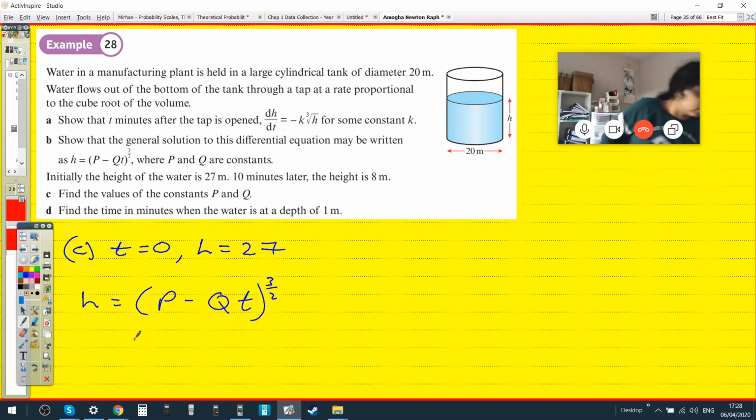Find the value of Q. And then 10 minutes later, the height is 8 meters. Oh, okay, so when T is 10, so 8 is equal... Slow down. Ah, yeah, so T is 0. Yep.